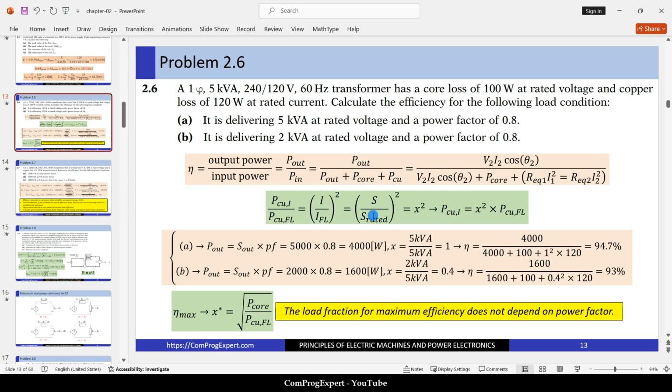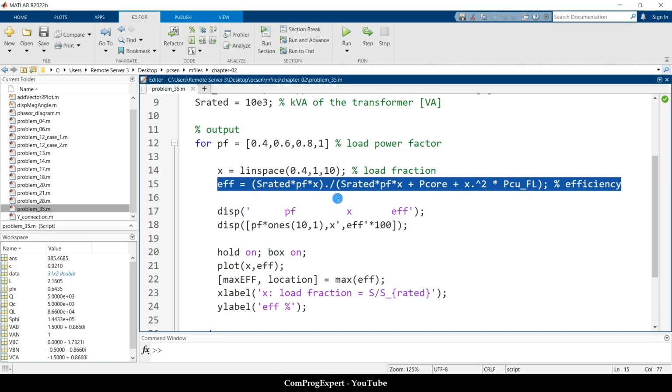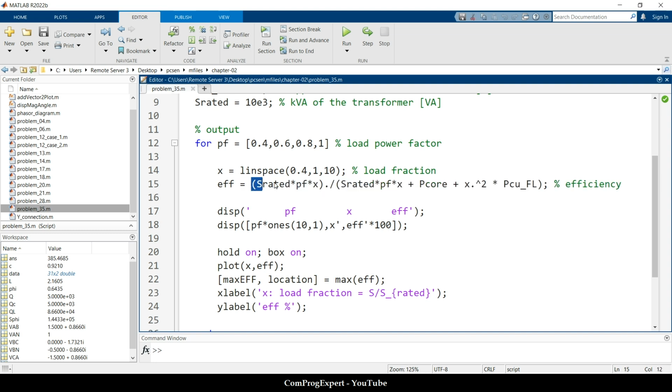Okay, so considering the load fraction, we can calculate the efficiency. I implemented the equation here. This is the output power for this power factor and this load fraction, the core loss and the copper loss for any load fraction is the load fraction to the power 2 times the full load copper loss.